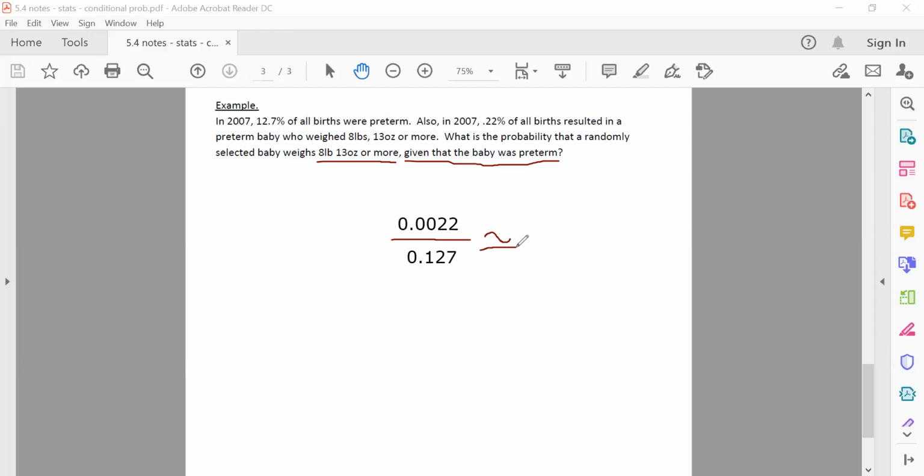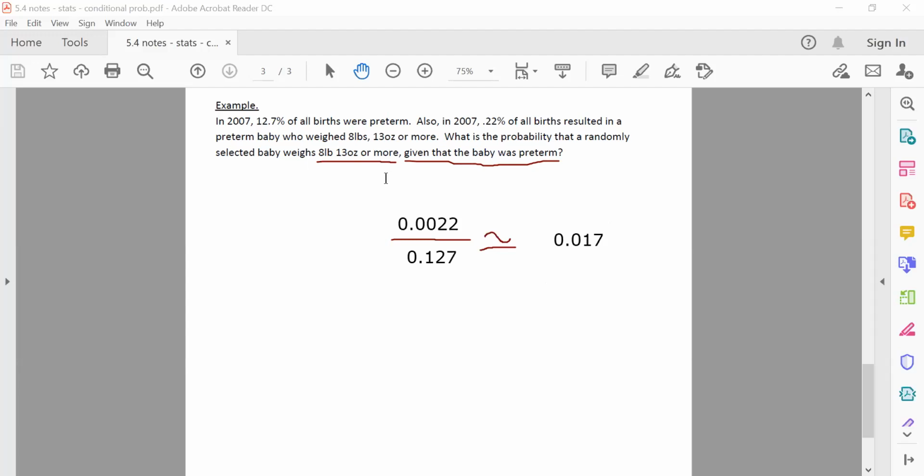Let's see what we get. About 0.017. In other words, among babies who are preterm, about 0.017 of them are going to weigh more than 8 pounds 13 ounces, which is not a lot.